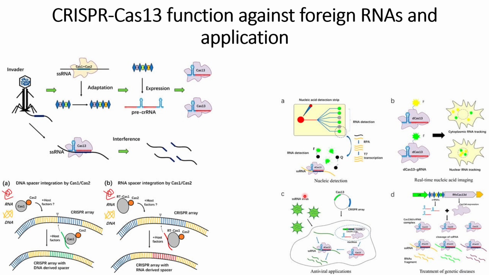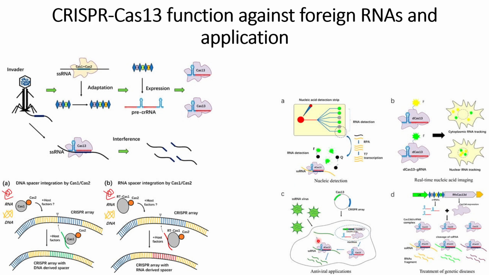The third application is that it can help protect us against conserved viral RNA sequences. The conserved RNA sequence will be integrated into the host cell using the Cas13 CRISPR array, and this array will be expressed along with the information of the conserved viral RNA.